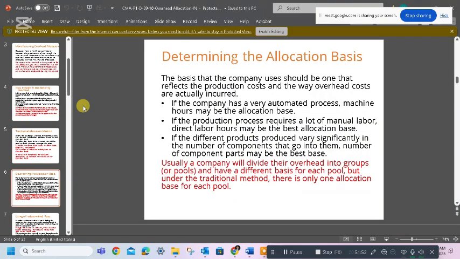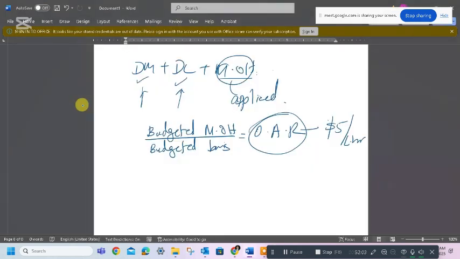So what allocation basis are we going to use, how do we decide that? The basis that the company uses should be one that reflects the way overhead costs are actually incurred. Remember I said if another has to use this, we may take the lecture hours of each batch, because if we are taking more and more hours for a batch, it means we are using more and more resources of the company, lecture hours.